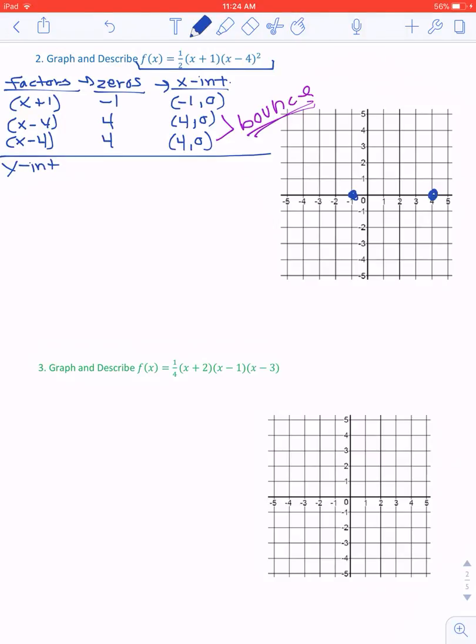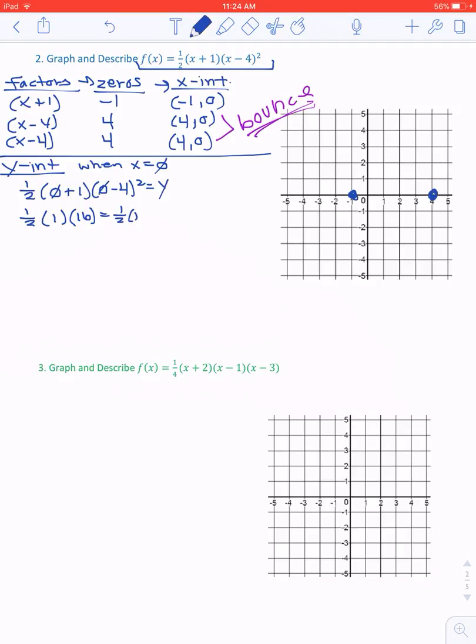The y-intercept. So that's when x equals 0. So 1/2 (0 plus 1)(0 minus 4) squared. So 1/2 of 1 times -4 squared, 16.